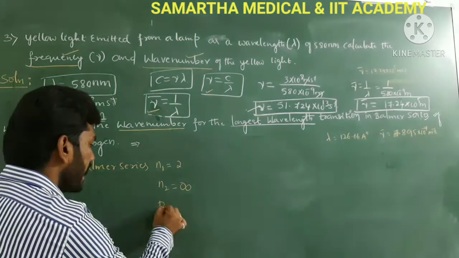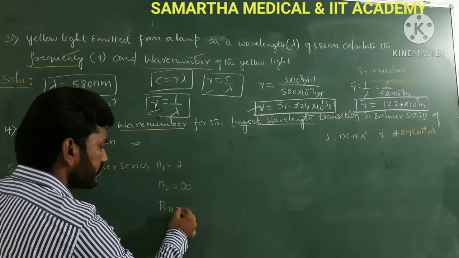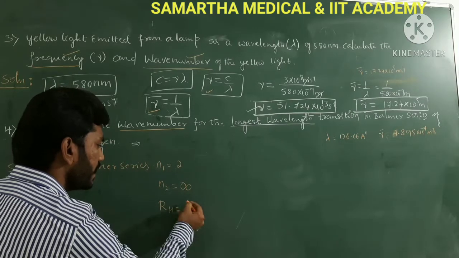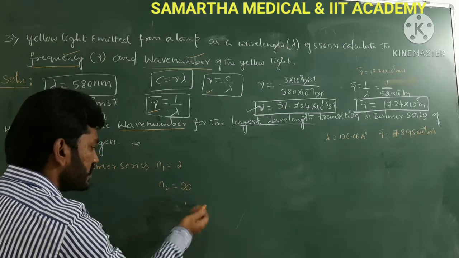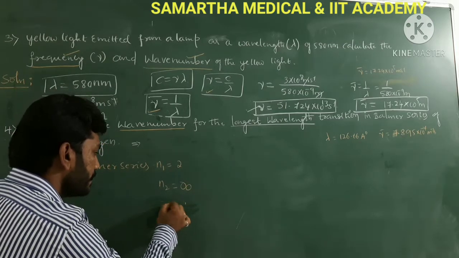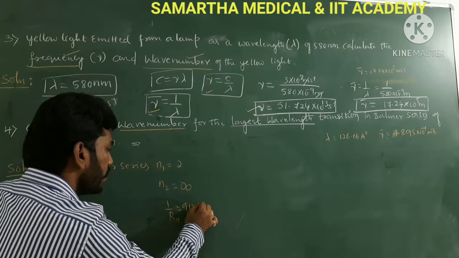And we have the RH value also; for further simplification, 1 by RH value will be 9112 angstrom.